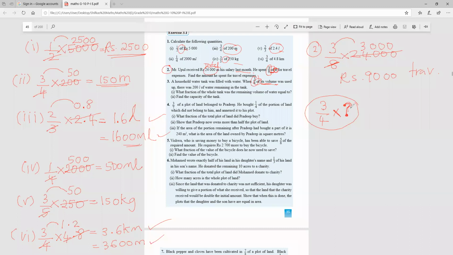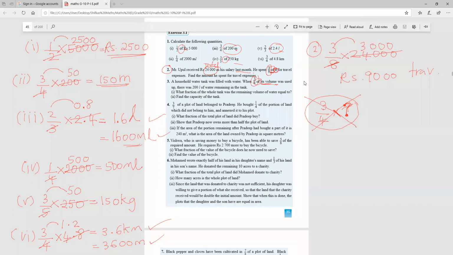Can you divide a question mark by 4? You can't. So you can't apply this method. That is what we are going to study now. Keep that in mind.